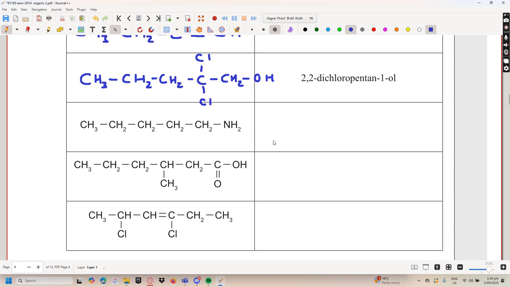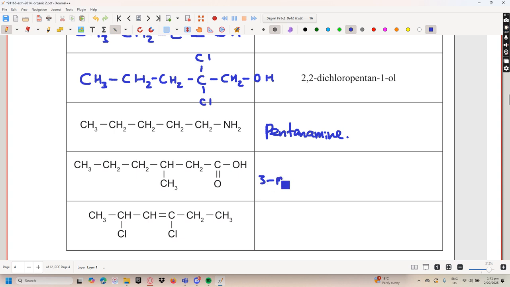Okay. This one here is pentanone. There are a few different ways you could name this. Some other ones I think are pentylamine or 1-aminopentane, but all of them are correct. This next one is a carboxylic acid, and this methyl group is on the third carbon.